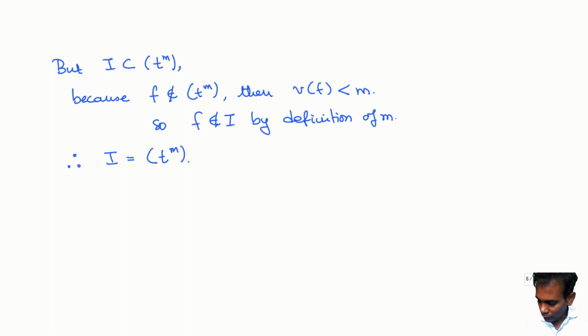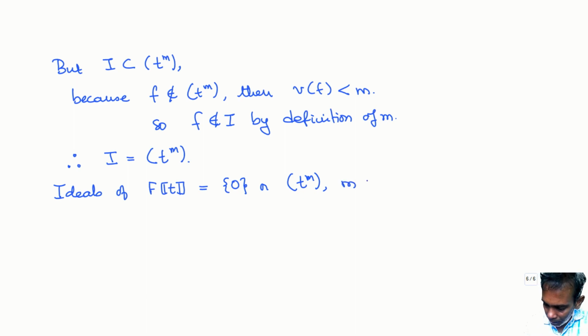And there's one more ideal, namely the ideal 0. So the ideals of F[[t]] are 0 or the ideal generated by t to the m, where m is greater than or equal to 0. So this is the set of ideals of F[[t]].